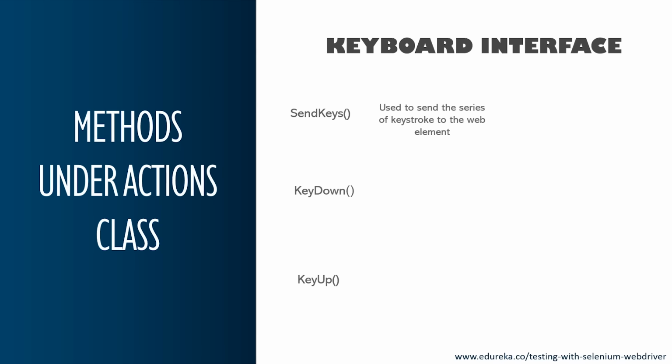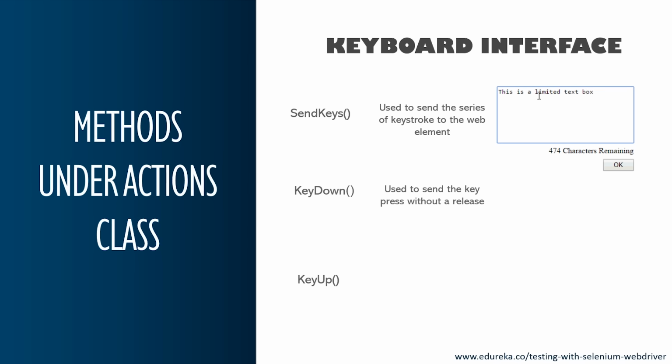Send keys is used to send a series of keystrokes onto the web element. For example, if you find a search box or a text box on the web page, you can inspect the element and get the ID of it and send keys to that particular element. That can be done using this send keys method. Now, what is a key down method?